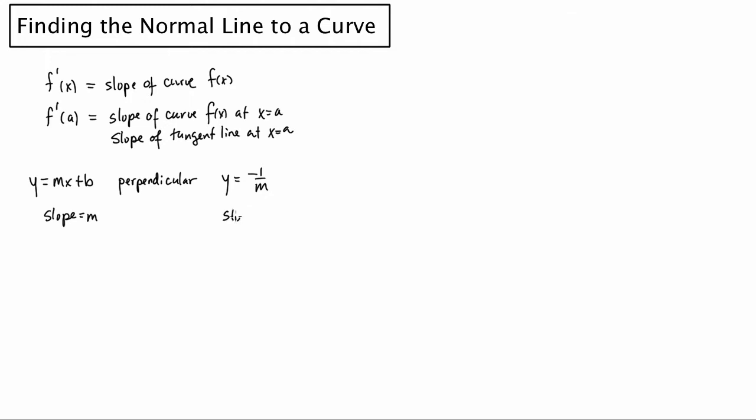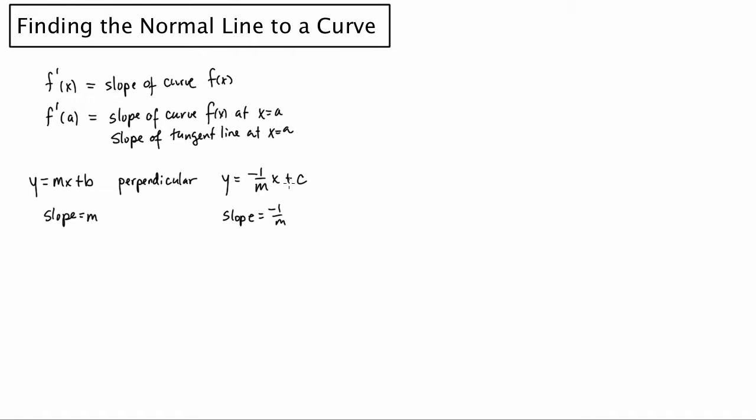So this will have slope negative 1 over m if it's going to be perpendicular. It'll have a different y-intercept, which I'm not going to calculate; we'll just call it c here. But these two lines would be perpendicular to each other. So if we want to find a line perpendicular to another line, we just take the negative reciprocal of its slope.